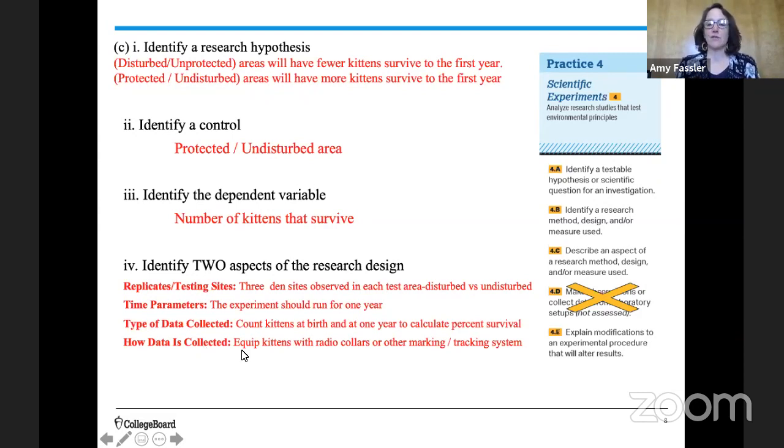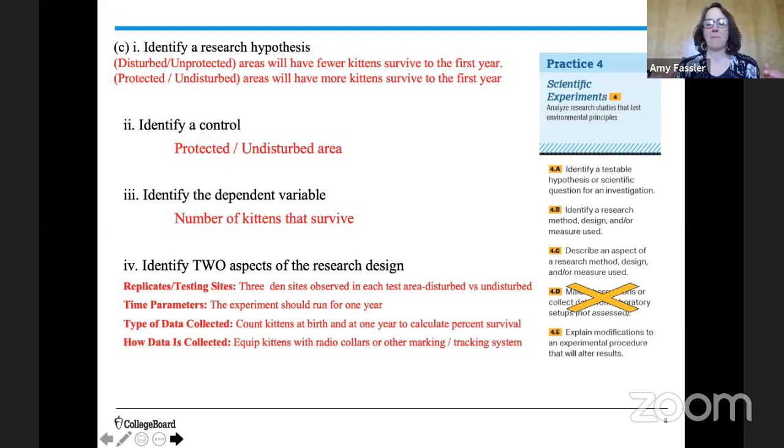I'm going to use some type of tracking system. Maybe I'll put radio collars on them or tag them in some way so that I can track the kittens that were born. I'm going to be there in early spring when they're born, and then track them throughout that year and make a tally and calculate how many of them actually survive.